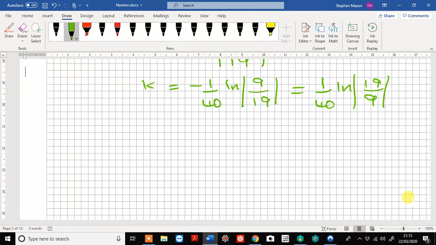But if we work this out on a calculator, we've got 1 divided by 40 times the natural log of 19 divided by 9, and k comes out to be 0.01868 to 4 significant figures.